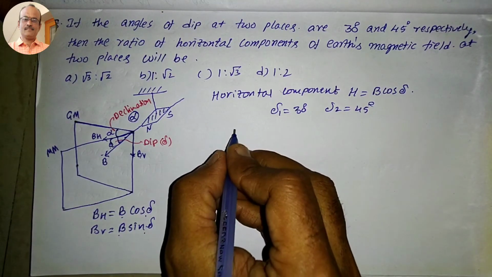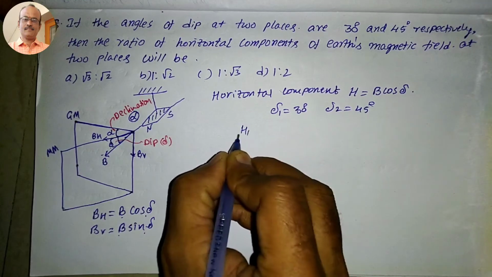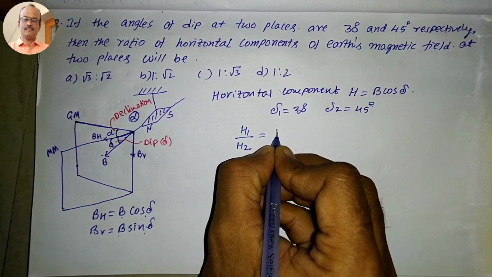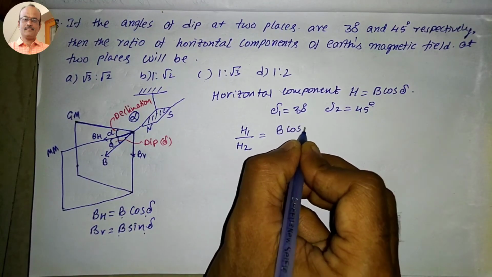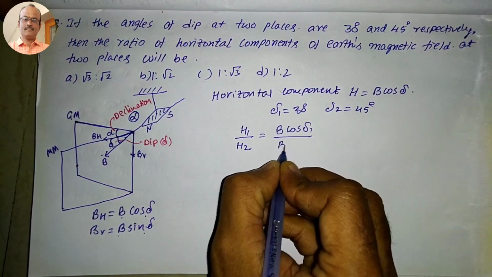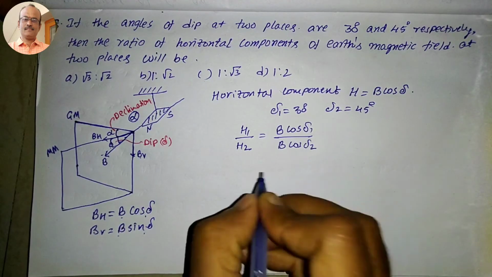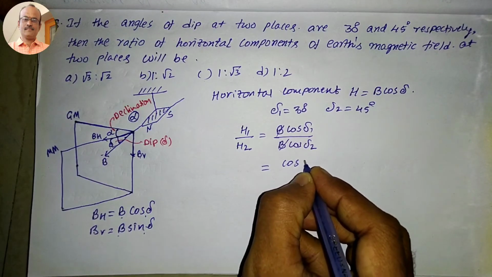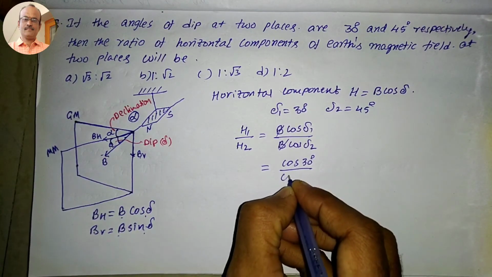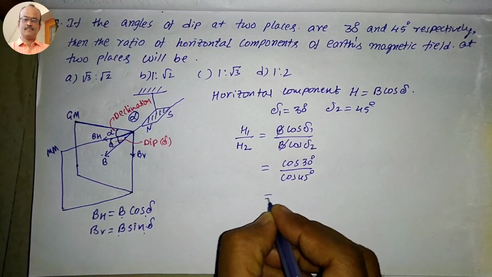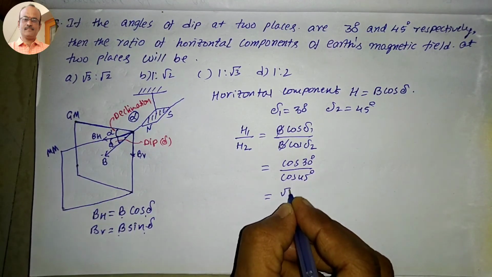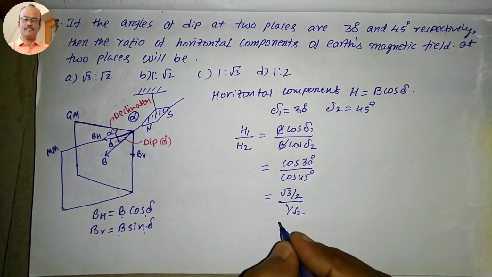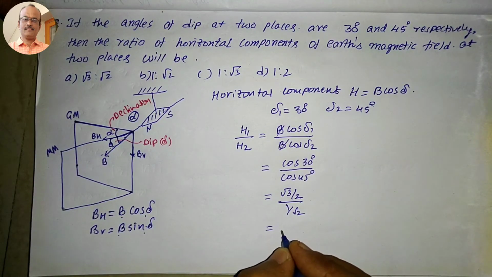So that means H1 divided by H2 is equal to B cos delta 1 divided by B cos delta 2. So here B cancels, cos 30 degrees divided by cos 45 degrees. Cos 30 degrees is nothing but root 3 by 2, cos 45 is 1 by root 2. So here what happens in this case?